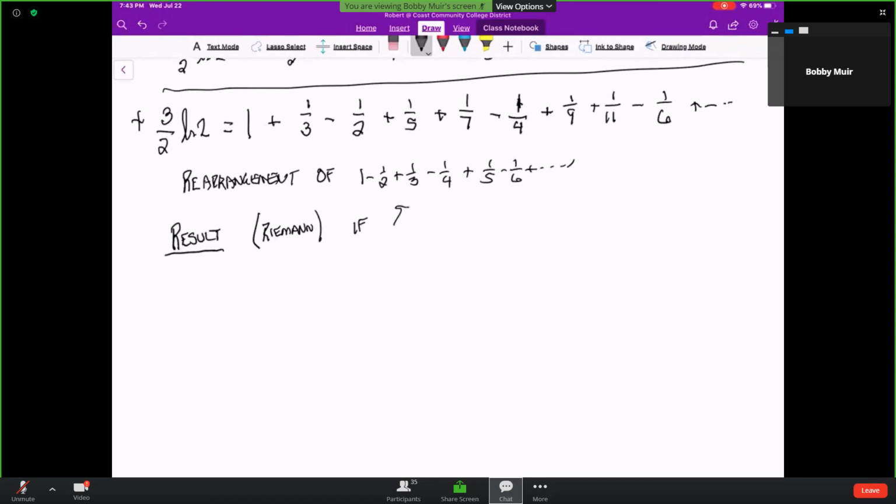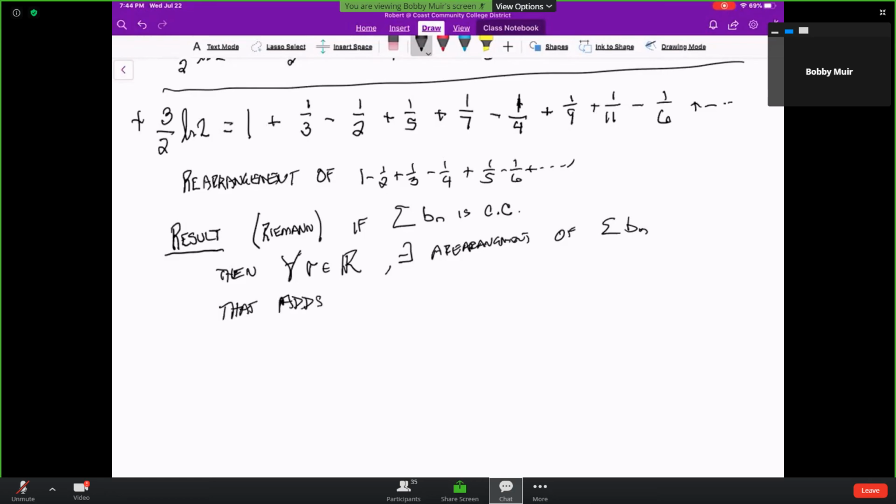That if this series B sub n is conditionally convergent, then for any real number r that we can think of, there exists a rearrangement of the series that adds up to this number r.